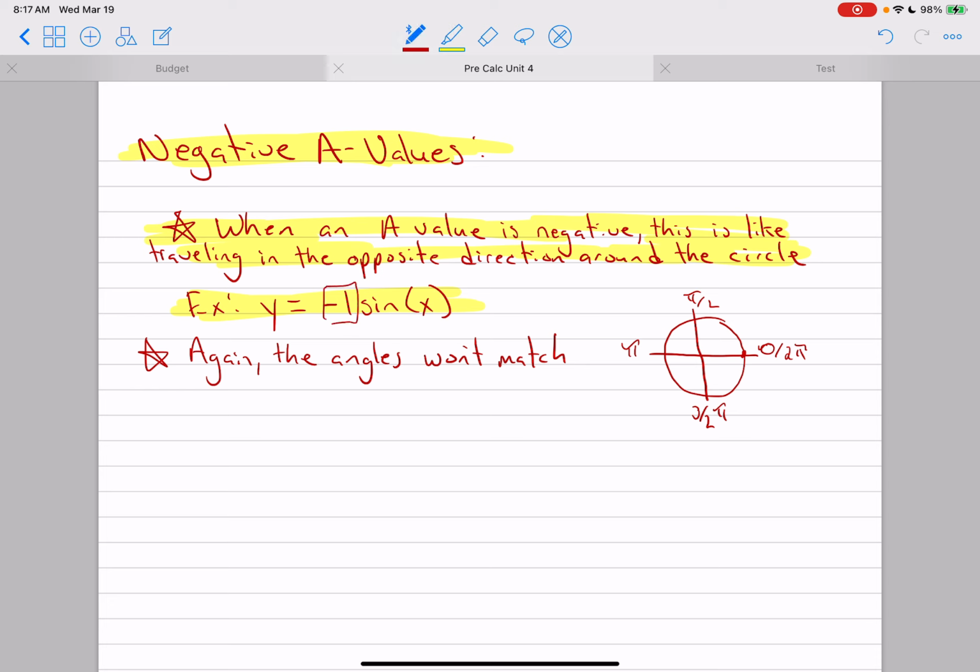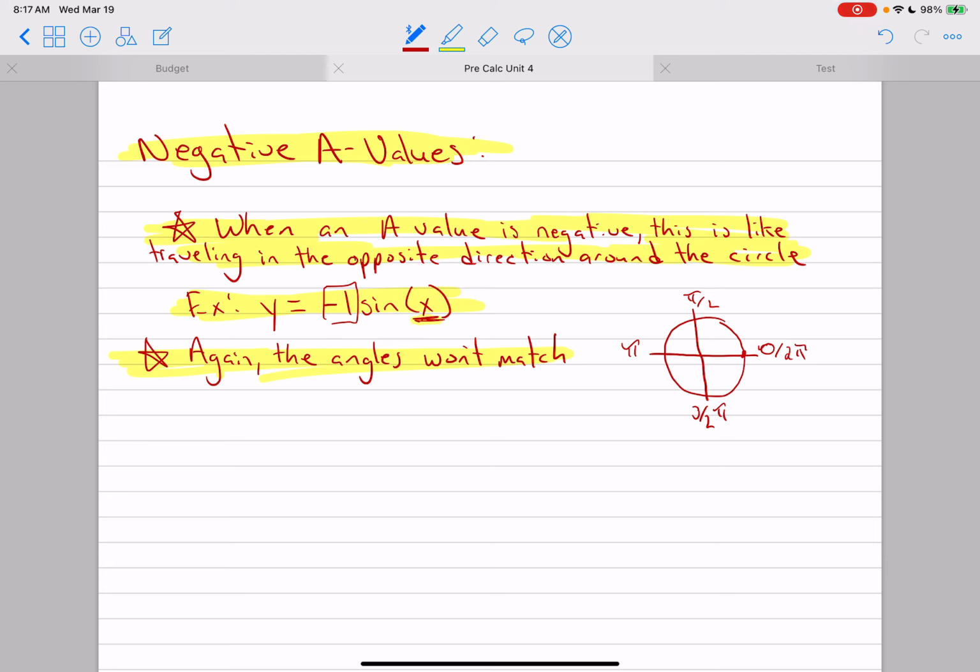Remember when the negative flips it upside down, in this case the negative means rotate the other direction. Please recognize again, your angles aren't going to match. My period is still 2 pi. Nothing has changed about that. This is basically just the unit circle, but it's going in the negative direction.